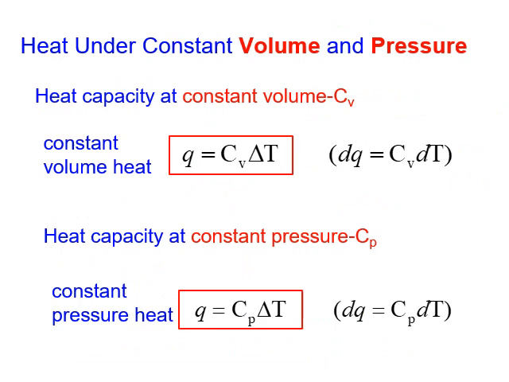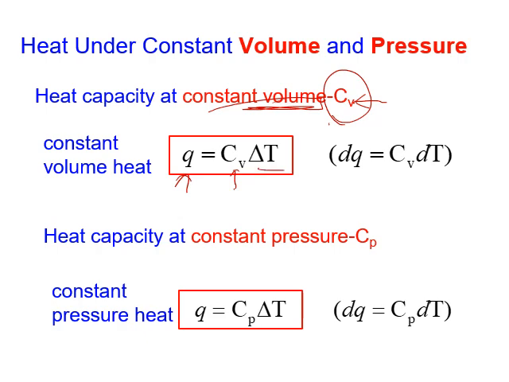As we know, both work and heat are non-state functions that depend on path, and therefore different paths have different heat capacity. For example, when volume is constant, the heat capacity is called constant volume heat capacity, Cv. So a constant volume heat is calculated by constant volume heat capacity times temperature change.